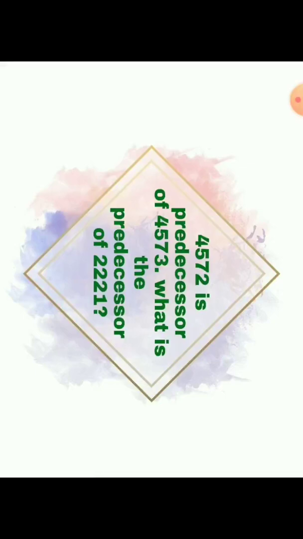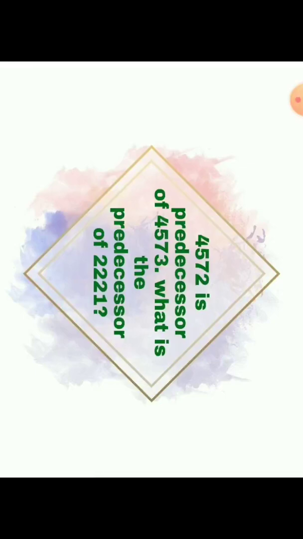The number that comes just before the given number. So here 4572 is the predecessor of 4573 because 4572 comes just before 4573. That's why 4572 is the predecessor of 4573.